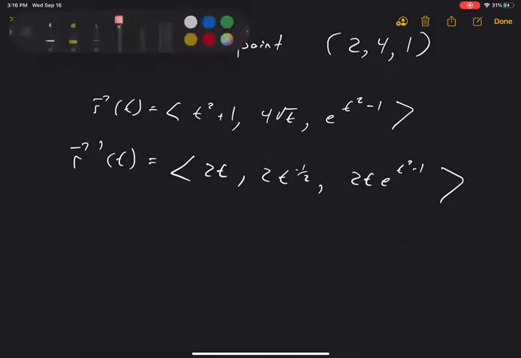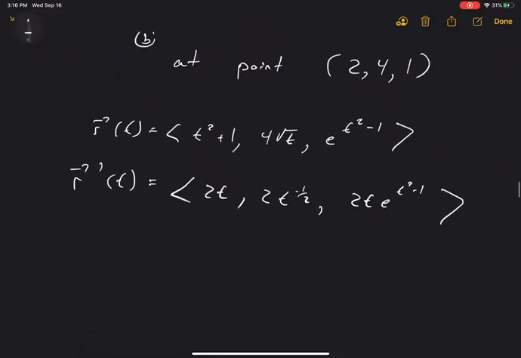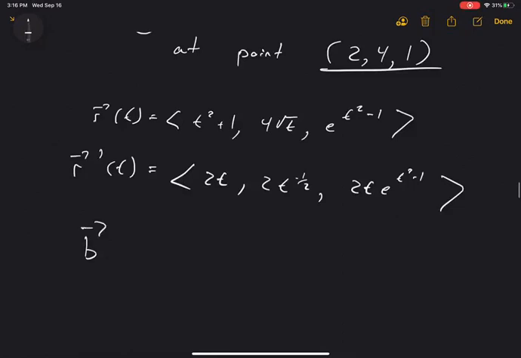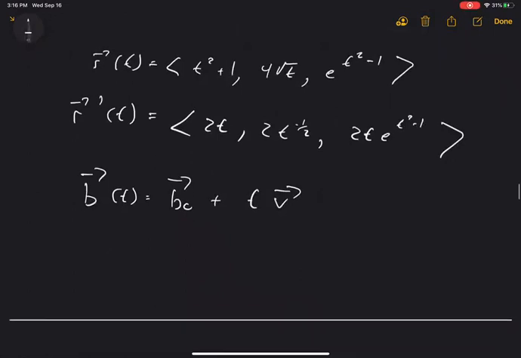And now we want to find the equation of the tangent line at this point in 3D space, 2, 4, 1. Well, I want the same type of equation. I want b of t equals b of 0 plus t times v, where v is that parallel vector.